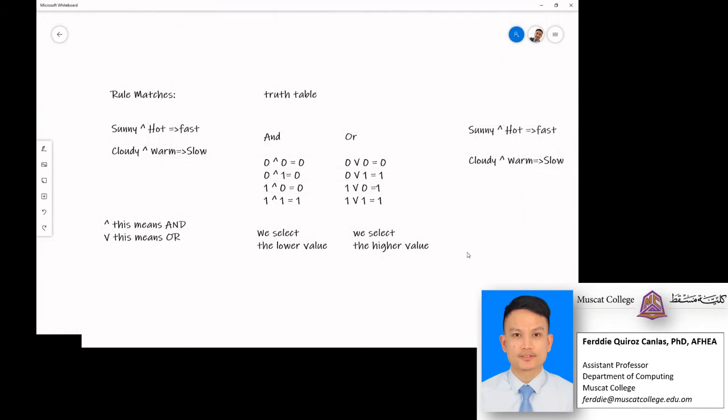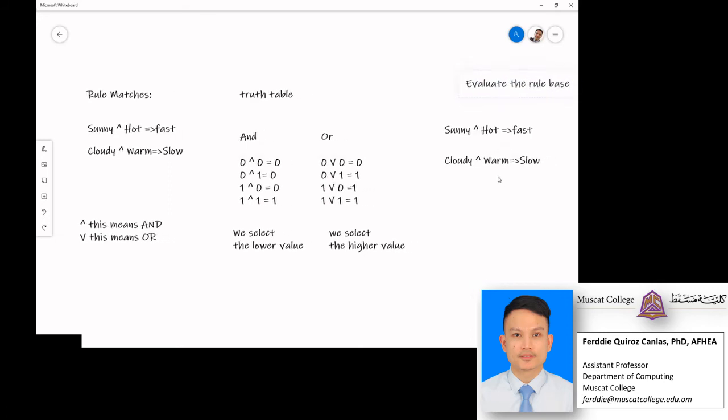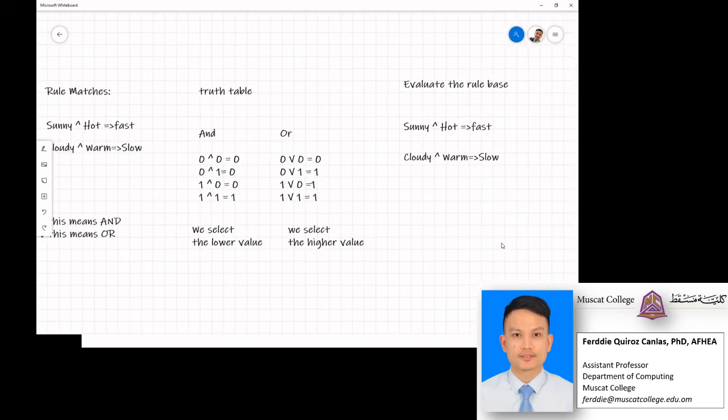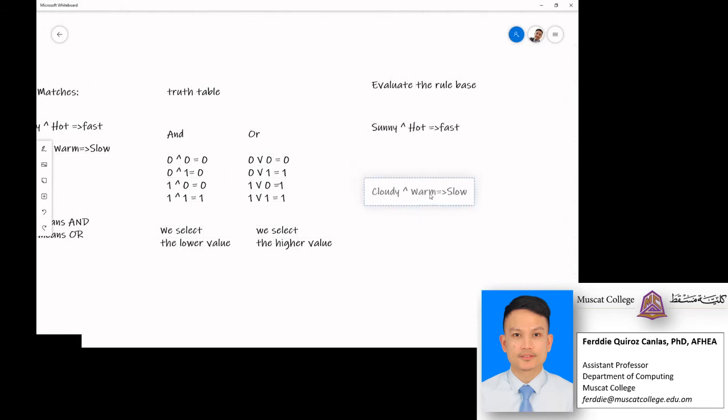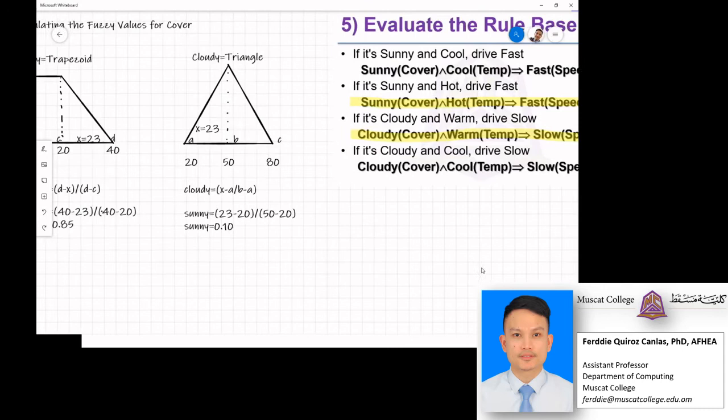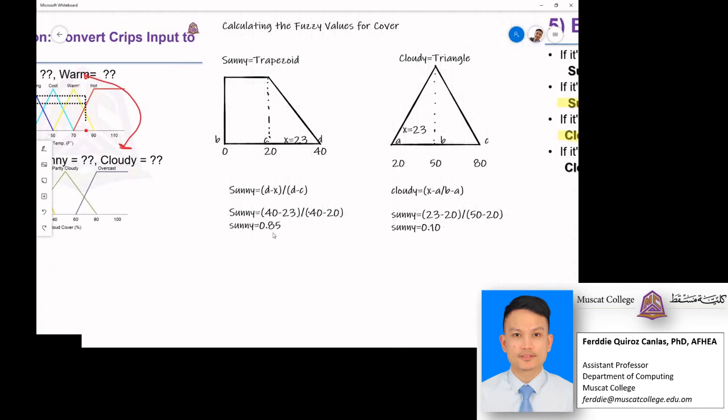Let's try to evaluate. What's the value of Sunny based on the discussion earlier? Can anybody tell me the value of Sunny? Sunny is 0.85, right?